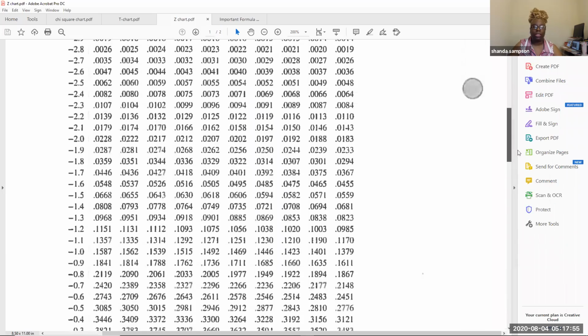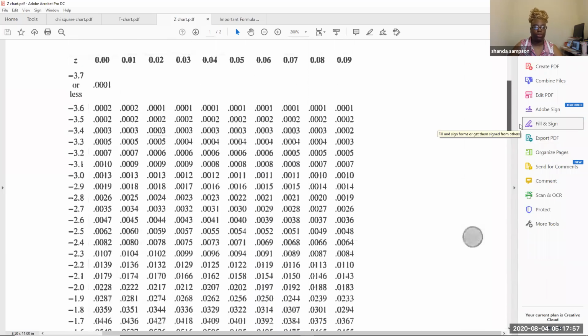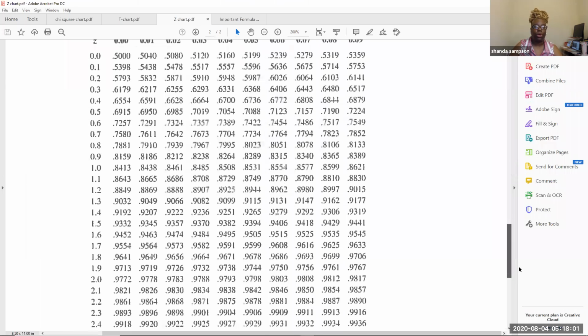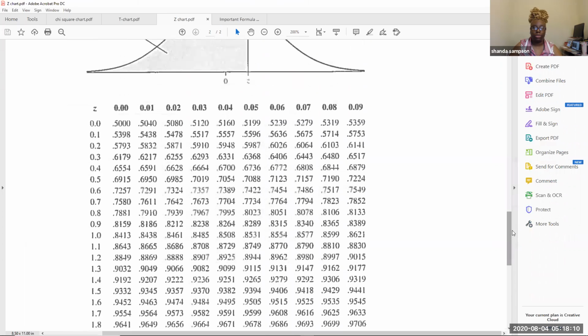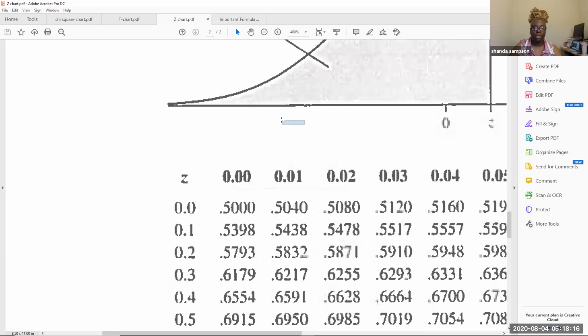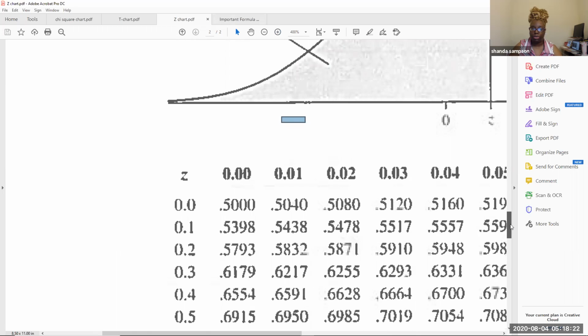I'm sorry, the z statistic was 0.50, so we have to go find 0.50 because it's a z. So here we go, right here, 0.50. Let me bring it up, zoom it in a little, just to show you. Okay, so you can all see it. I'm gonna pull it up just a little bit here.